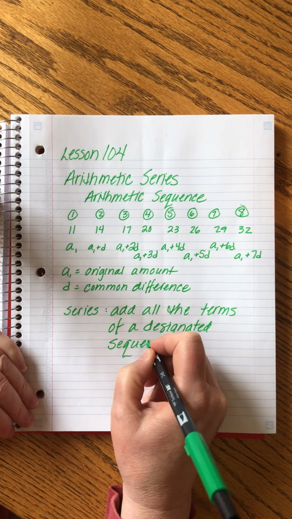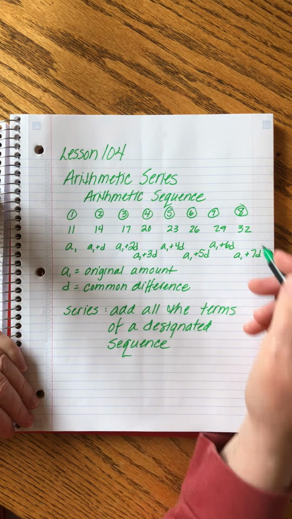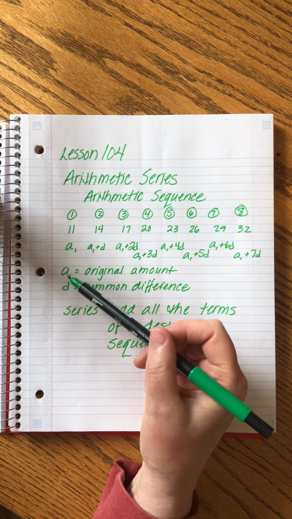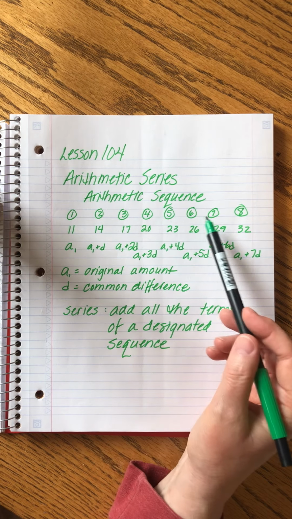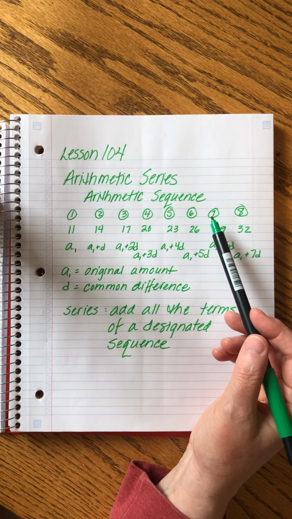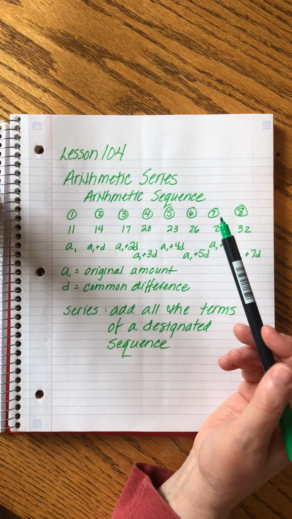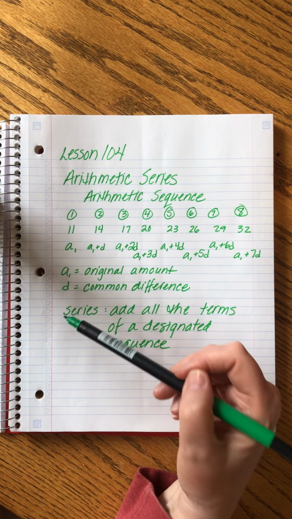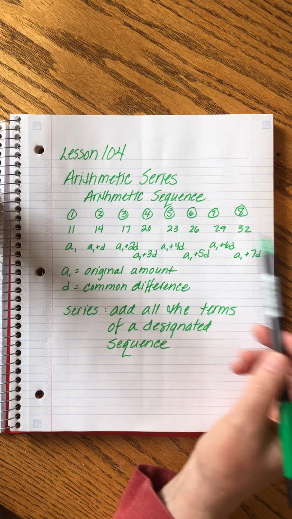What does that mean in proper English? It just means you add them all up and get the total. And you get to say, you know, what's the original amount, what's the common difference, and how many terms, right? For a series, you have to define all those things so that you have a limited number of things that you're adding. But a series represents the total. You just add them all up.